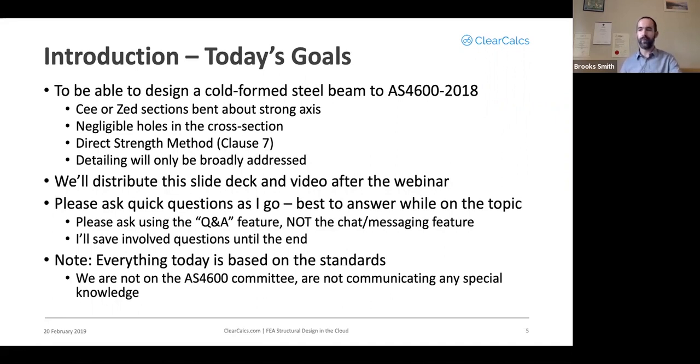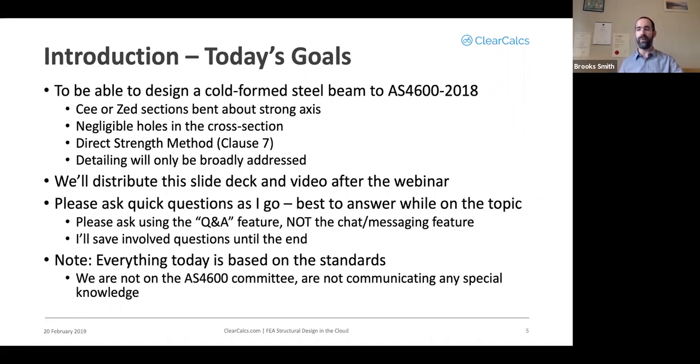I'll point out a couple areas where calculations would differ for a minor axis calculation or for other types of sections, but I'm going to only be focusing on C and Z sections. I'm also going to be assuming there are negligible holes in the cross section. Again, I'll point out places where some extra calculation would be necessary if you do have holes in the cross section. Generally, those calculations are additional modifications to the main calculation.